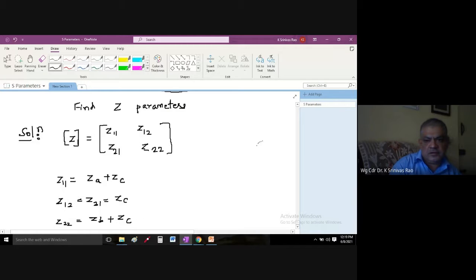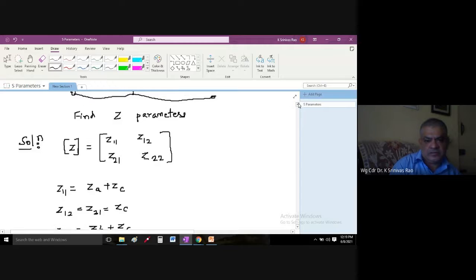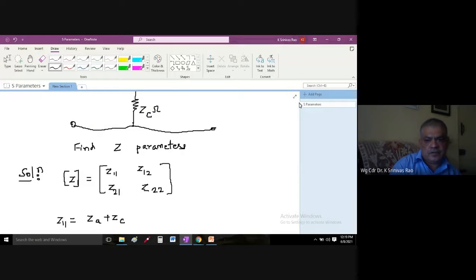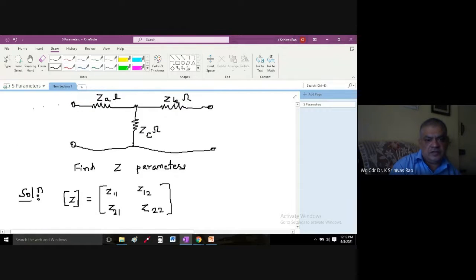You can see here how we can calculate this. When I consider S11 from the input port side, S11 is here, so it has ZA plus ZC. And for S22, we have ZB plus ZC.